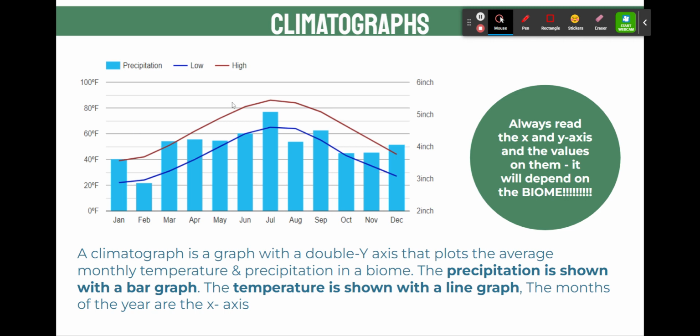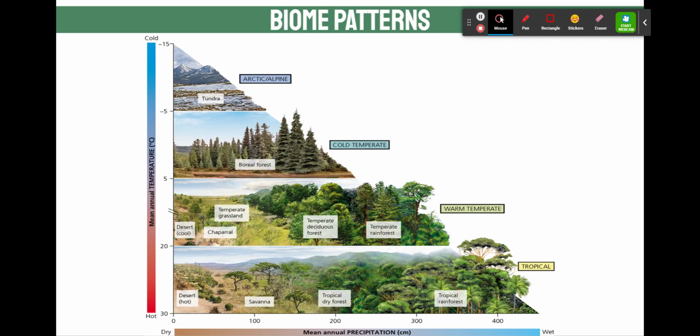So you really have to look at the x and the double y-axis to really see what biome it is, because they might look similar, but the values will be different. So as we move up in latitude, it's going to be a lot colder and drier. And as we're closer to the equator, it's going to be hotter and wetter.